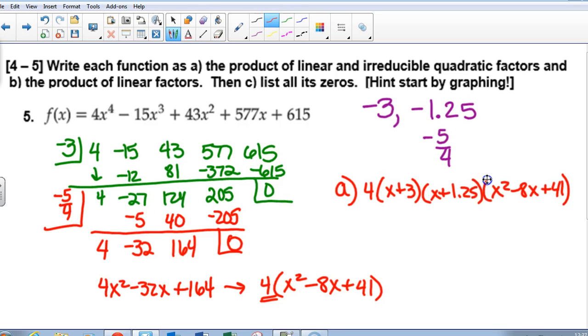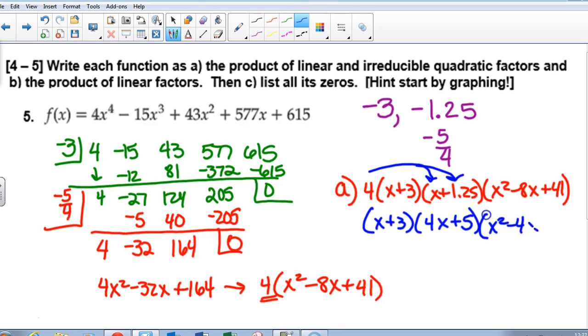Does anybody know what might be just a little bit nicer to do with that 4? If we distribute it to this one, we'll have an x plus 3 and a 4x plus 5. All right, so that's A.